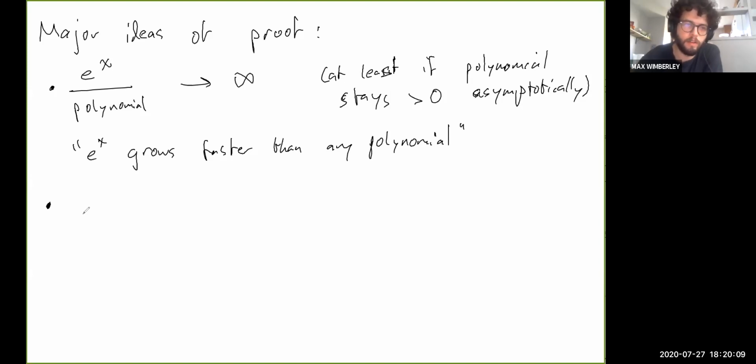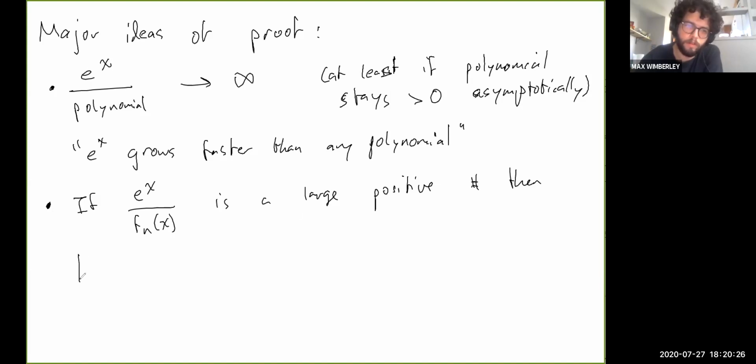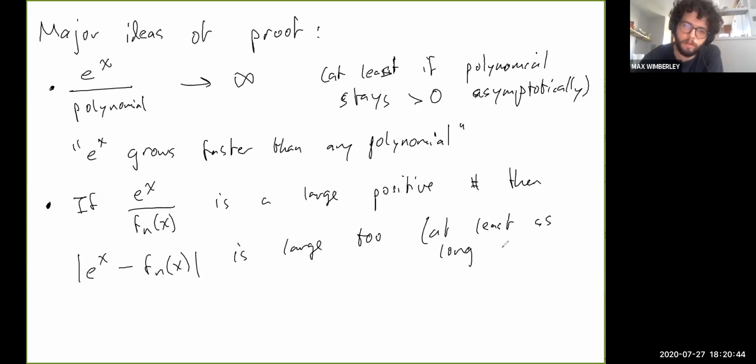Another idea is that if e to the x over fn of x, let's say, is a large positive number, then e to the x minus fn of x is large too, as long as fn of x itself is also large.